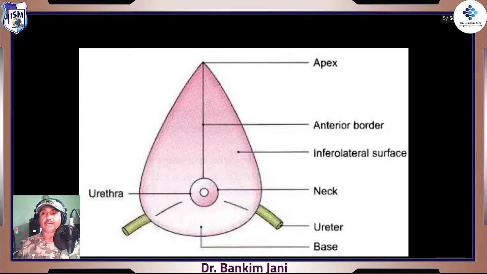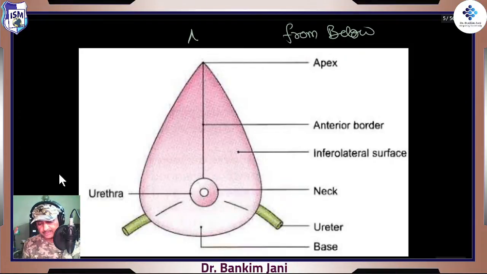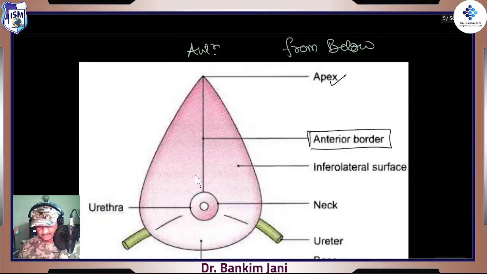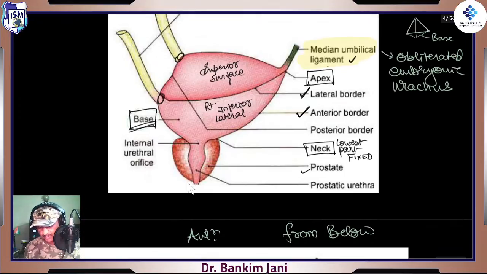This is how we really see from below, right? So from below, this is anterior, so there is the apex, that's fine, correct? And obviously this would be the anterior border. How come? Here it is, see, it is this border, the anterior border.